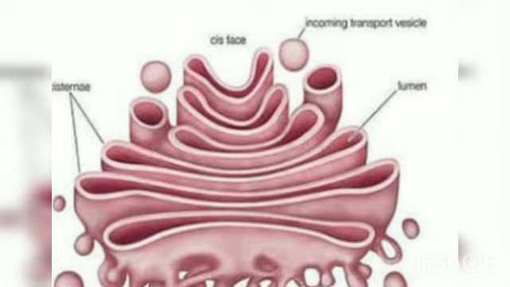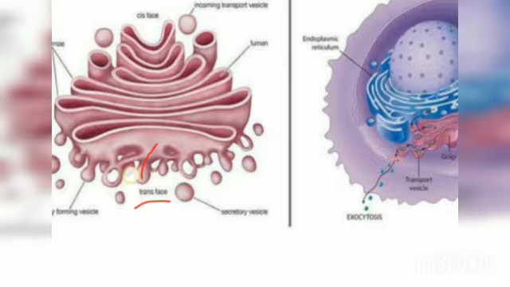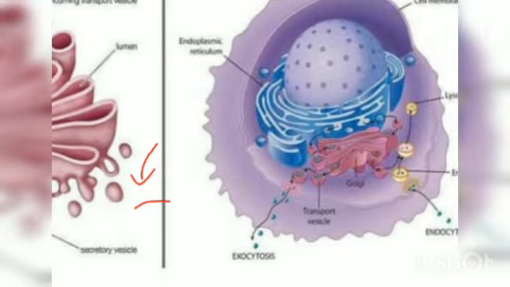You can see its other face is the trans face. Through that face the Golgi apparatus transports the materials outside from the Golgi body. Generally, from the endoplasmic reticulum the ribosomes prepare the material, protein, and proteins are transported through the endoplasmic lumen, then come outside and enter through the cis face of the Golgi apparatus.